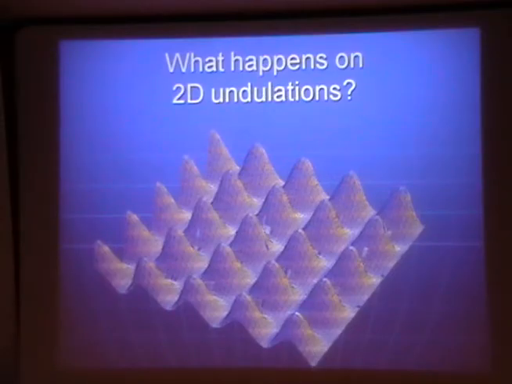Just as an example, let us think about undulated surfaces like this, which is common in group theory.